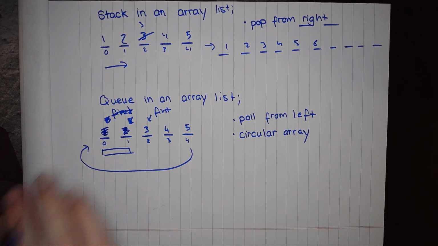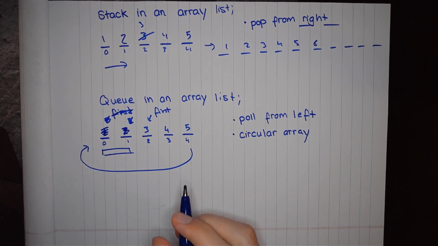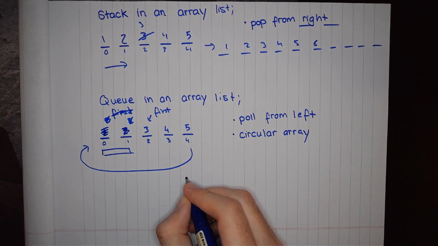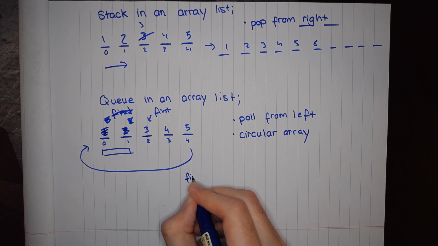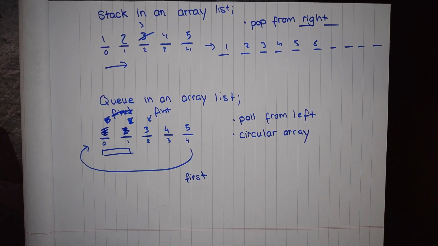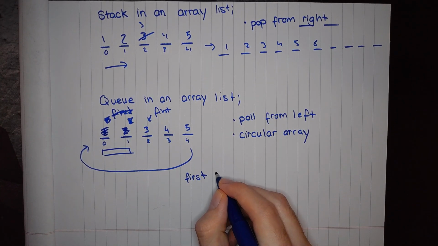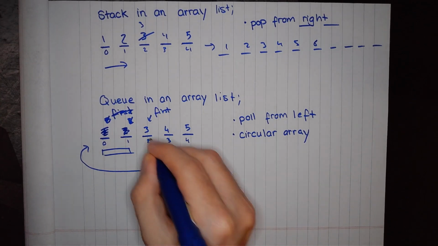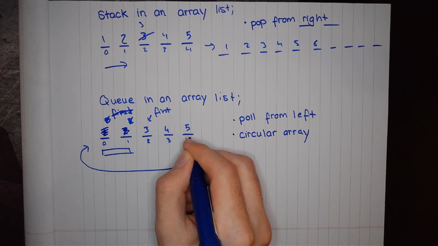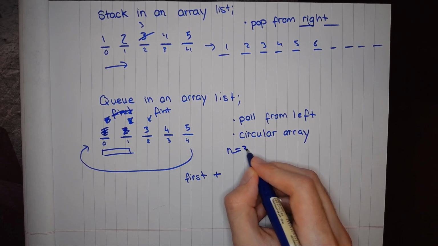And so the way I would do that in terms of math is I take the index of my first element. So that's going to be here, it's going to be 2, for example. And then I add the number of elements that I'm currently storing. In this case, that's going to be n, I'm going to call it.